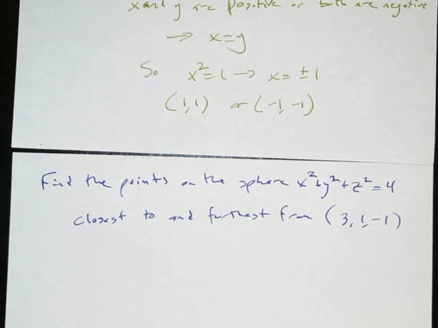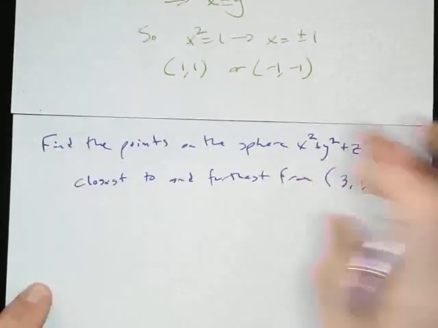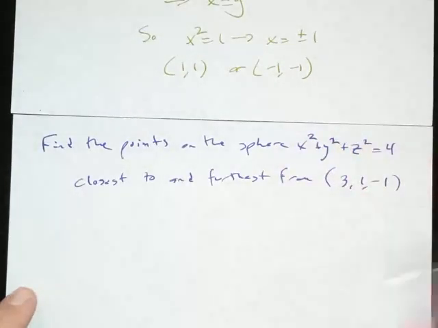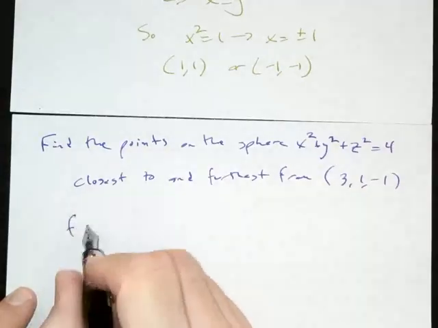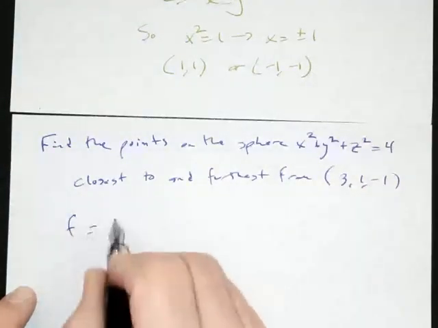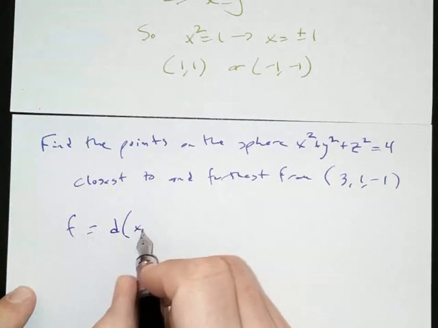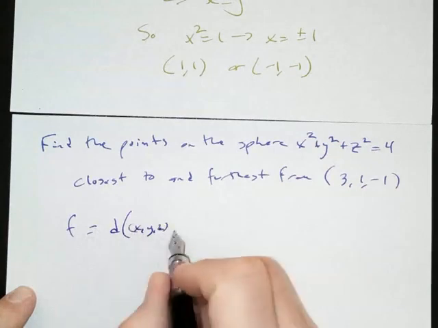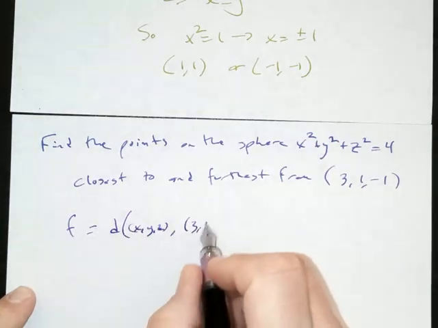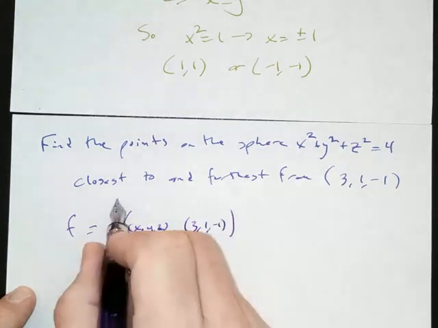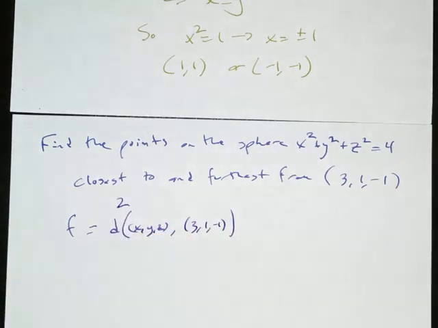How do I find this? I'm using distance. My function f is going to be the distance from any point to this. But I'll get rid of the square root. The square will help me get rid of the square root.